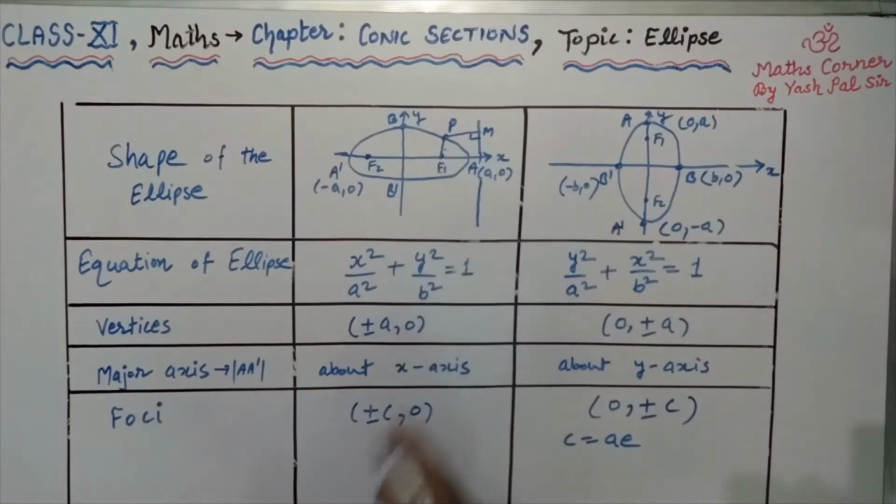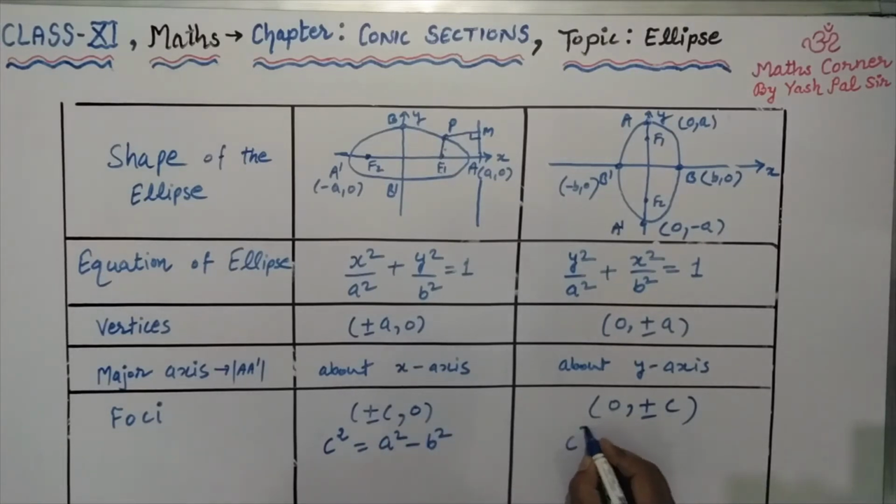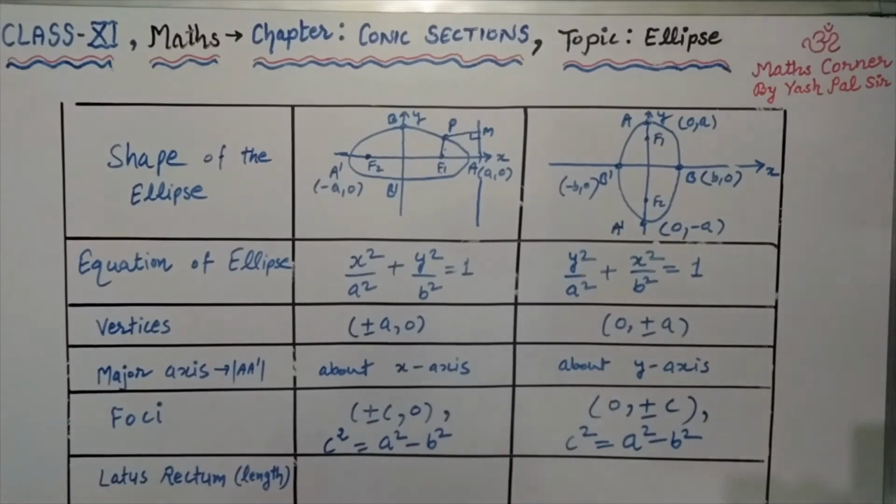We can also define this C as C square is equal to A square minus B square. Here also the value of C square is obtained from this relation, C square equal to A square minus B square.